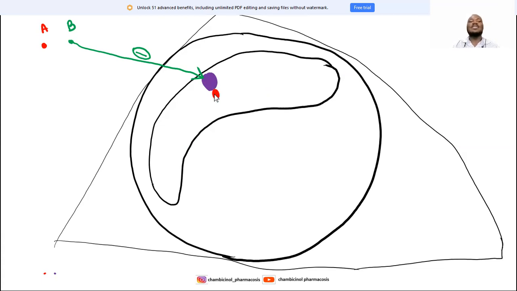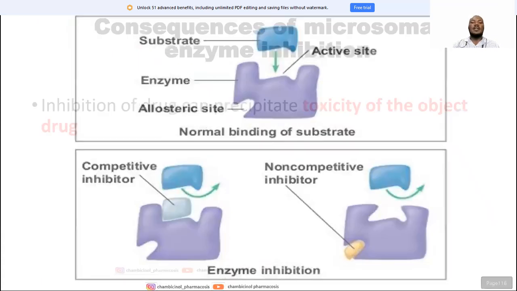By inhibiting this, it can lead to an increase in plasma concentration, which can precipitate toxicity. So as a doctor, as a pharmacist, or as any medical health care worker, it is very important to know whether these two drugs should be taken at the same time or not, because of this kind of drug interaction. So it is very, very important to understand this.